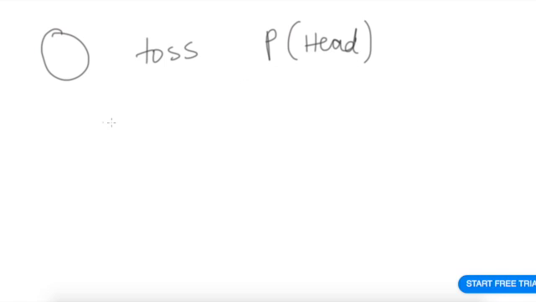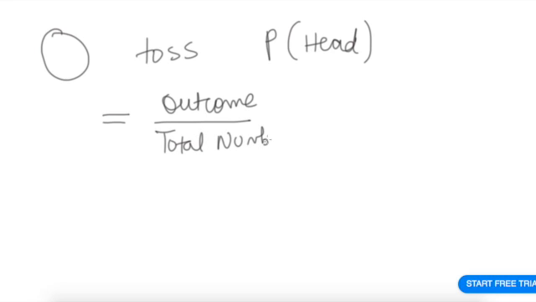So a quick look at probability. You have one coin, you toss it. What is the probability that I get a head? Probability is nothing but the outcome expected divided by the total number of outcomes. So what is the outcome expected here?